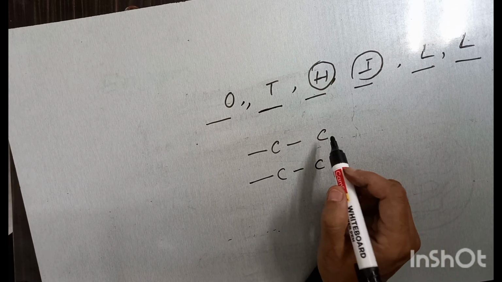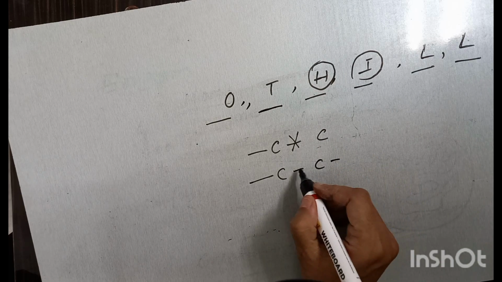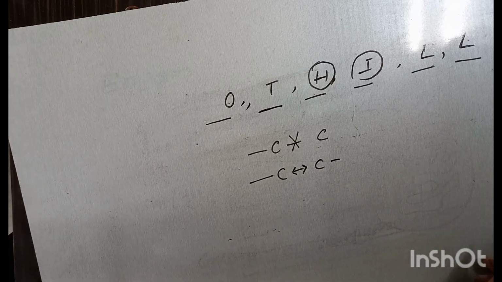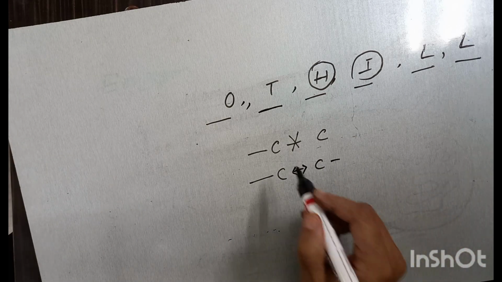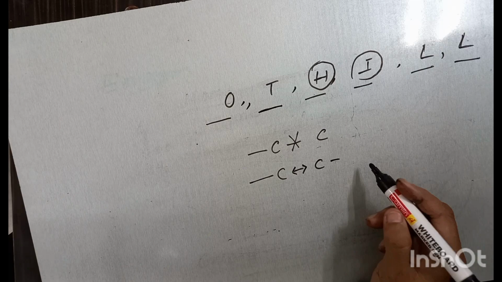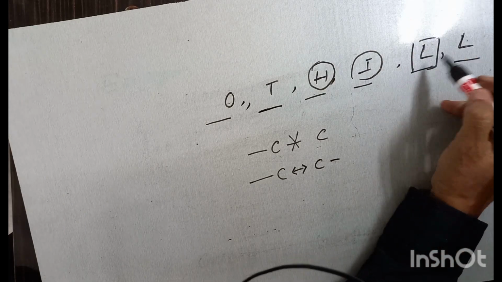Lyase breaks the bond between the two carbons, and ligase forms the bond between these two carbons. Ligases join molecules and lyases break molecules. So I have written these two things together, lyases and ligases.